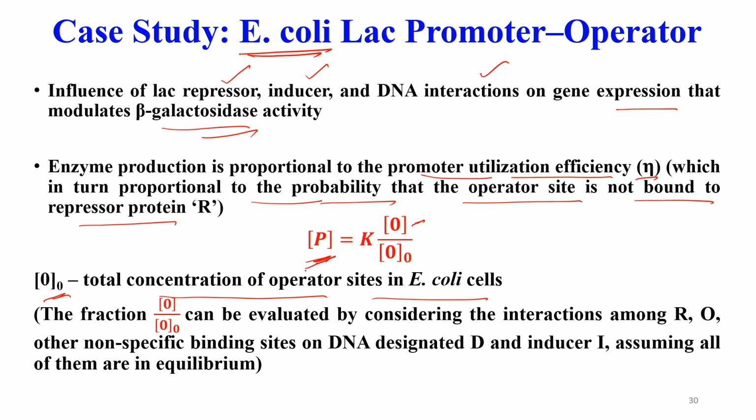Now, this efficiency can be written in terms of probability. The fraction O upon O naught can be evaluated by considering the interaction among R, repressor, O and other binding site on DNA designated as D and inducer I, assuming all of them are in equilibrium.